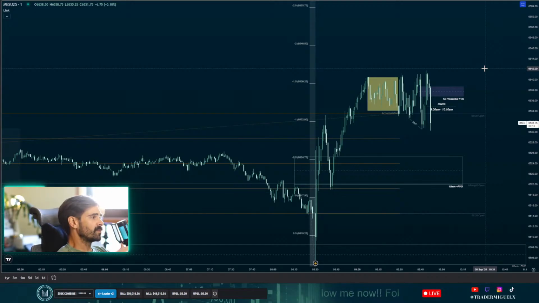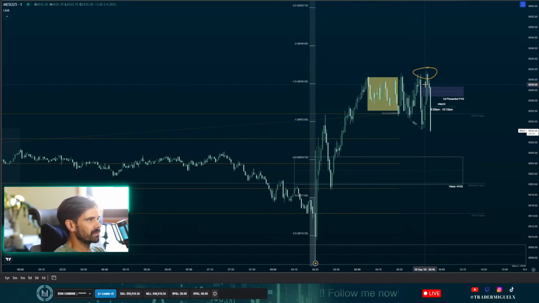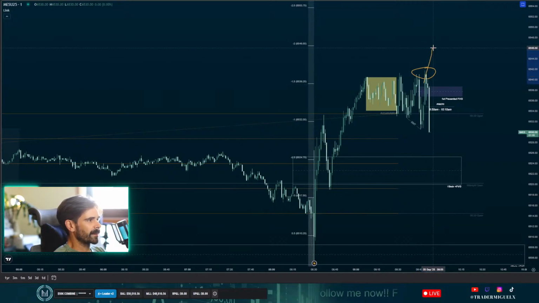Let's see if we have some sort of follow through, because at this point, I don't believe that this is the manipulation to the upside. Usually, a manipulation is something strong. It can be this one as a manipulation, but I don't know. At this point, I need to see some more price action just to be sure about what's going to happen.